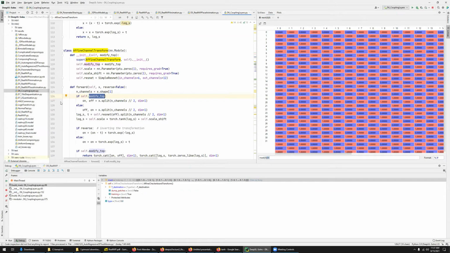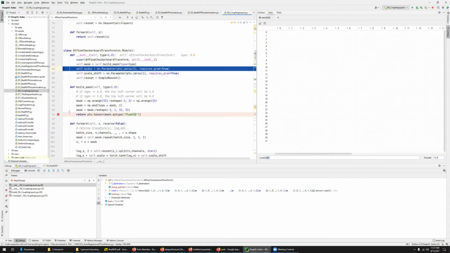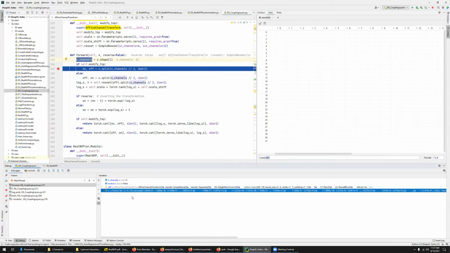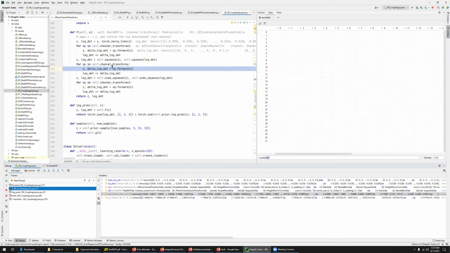Let's see how many channels it is. I thought it would be 3, but there are 12 channels, so it's probably been shifted. Yep, X comes in as 12 by 16 by 16. Oh yeah, the RealNVP does some of that. I forgot. So the image when it comes in as X is 32 by 32 by 3, right?